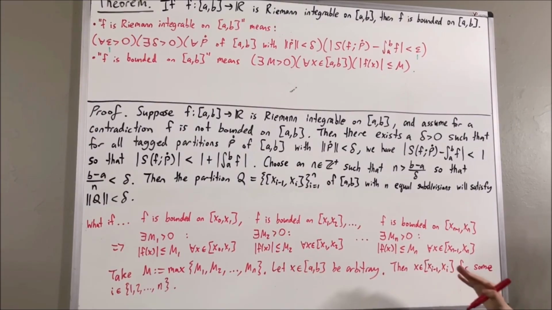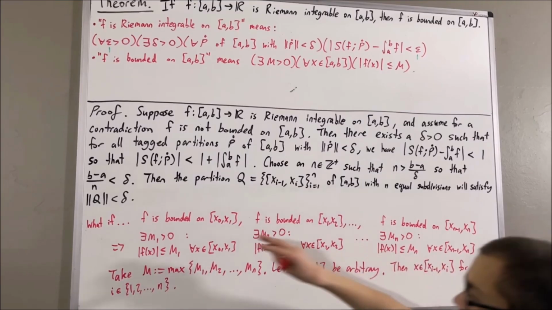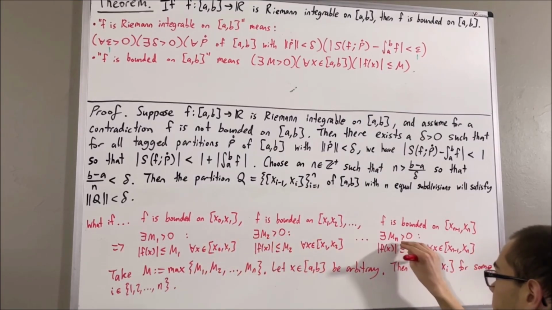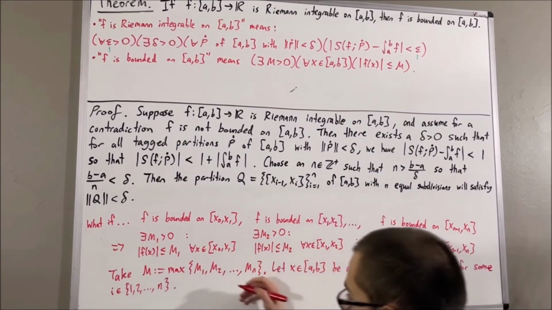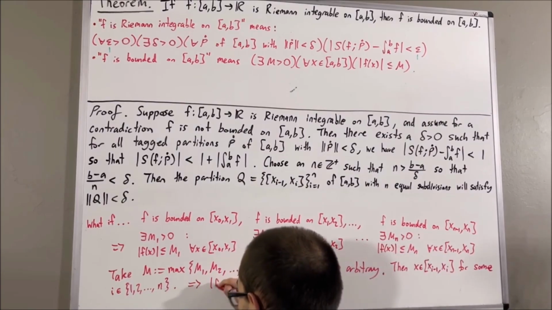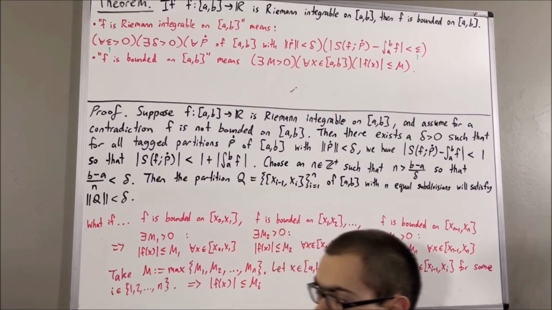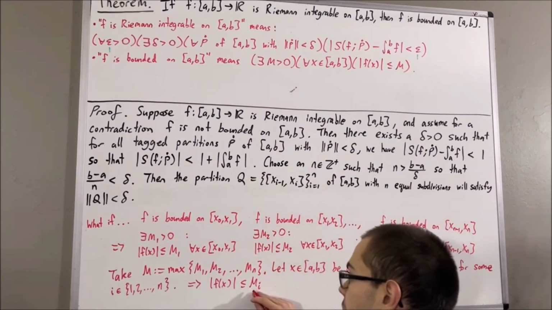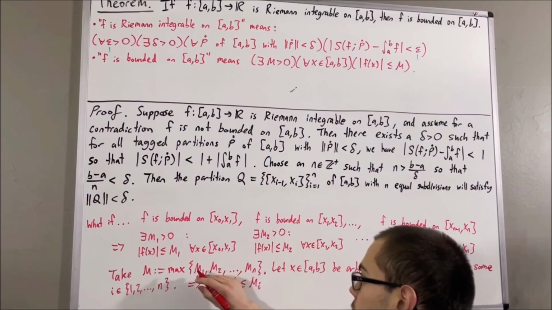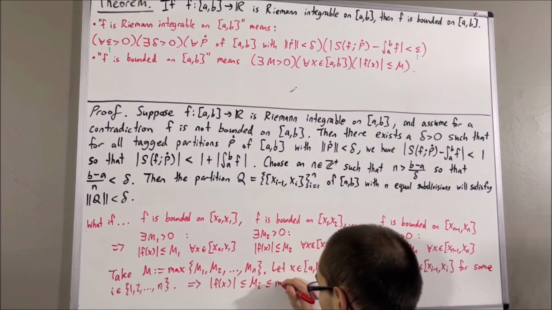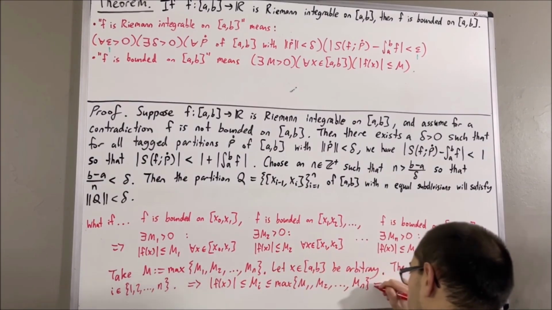Because f is bounded on the ith subinterval, based on how we chose each of these positive numbers, it follows that the absolute value of f of x must be less than or equal to mi. And mi is less than or equal to the maximum of all of these, and that is our choice of m.